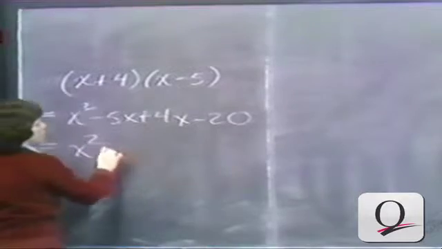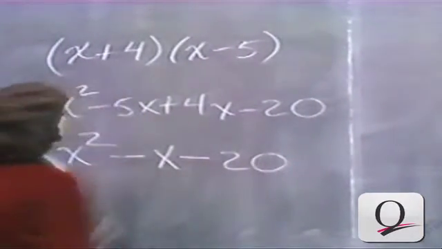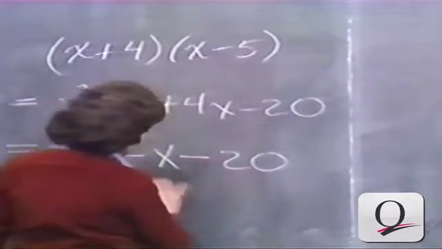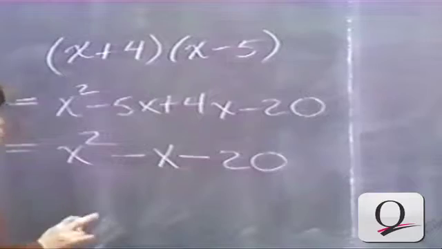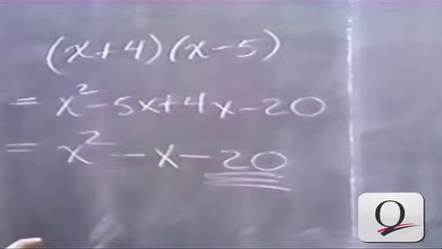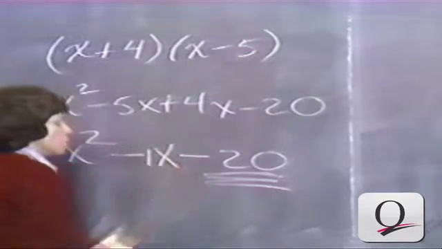X squared minus 1x, or minus x minus 20. Whereas if you were to start with a problem like this, we would like two numbers which multiply to minus 20 and add to minus 1.